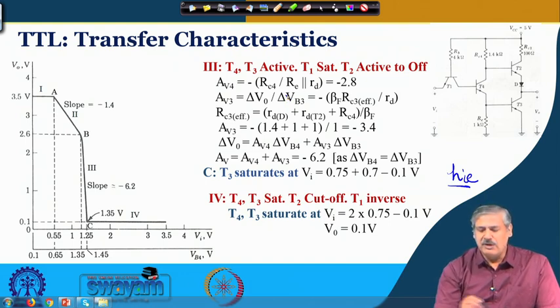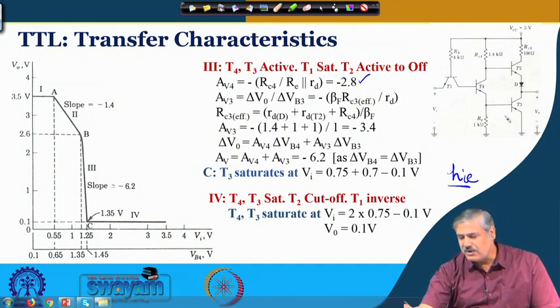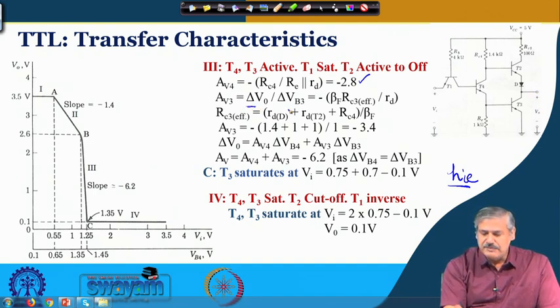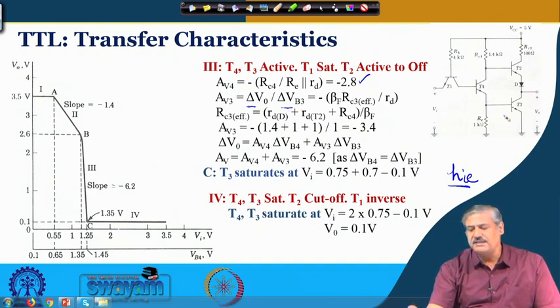So, 1 kilo ohm in parallel, that is 0.5 kilo ohm, and we get the gain of minus 2.8 from this part. Now, when this one is conducting in the active region, it is also providing a voltage gain. This voltage gain is at the output with respect to voltage changes occurring at the base of T3.